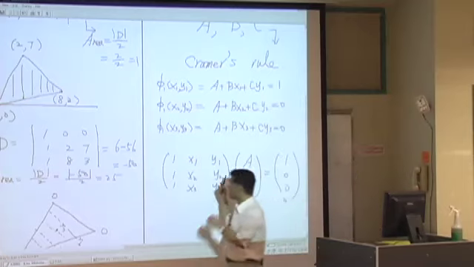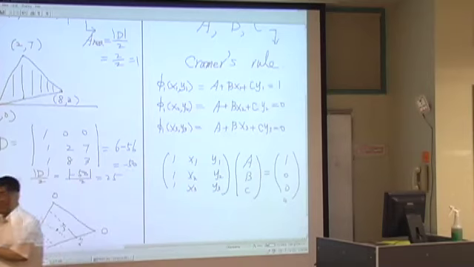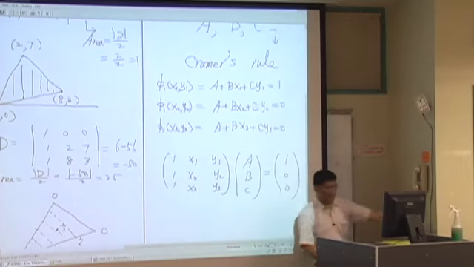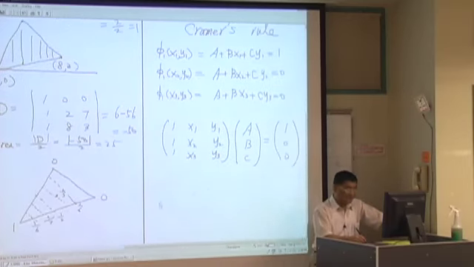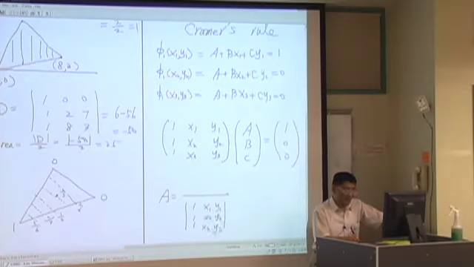So using Cramer's rule, you can determine capital A, capital B, capital C. So let's determine A, B, C. Capital A equals, by Cramer's rule, 1, 1, 1, x1, y1, x2, y2, x3, y3, and this column related to A is replaced by this thing. And then x1, x2, x3, y1, y2, y3.